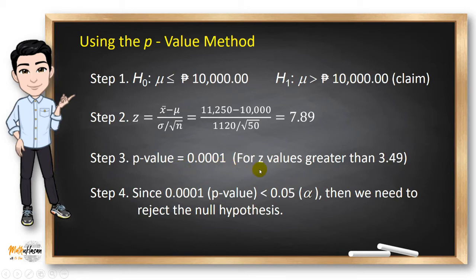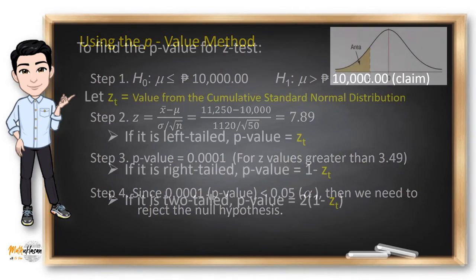And we always use this for Z values greater than 3.49, and it's a right tail like this. Since the p-value is less than the alpha level, which is 0.05, then we need to reject the null hypothesis. And this verifies our answer in the critical value method.